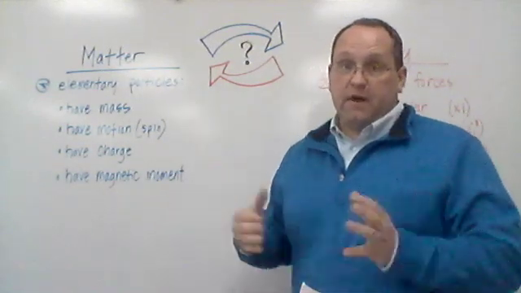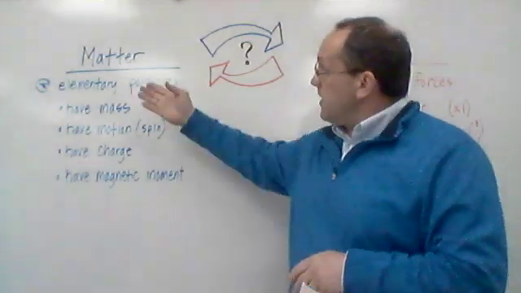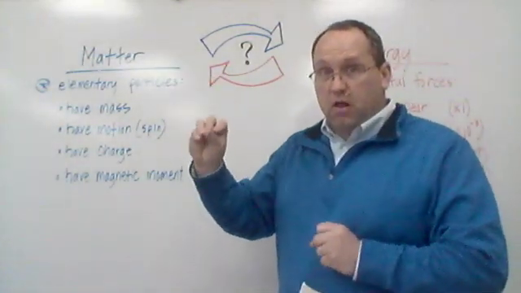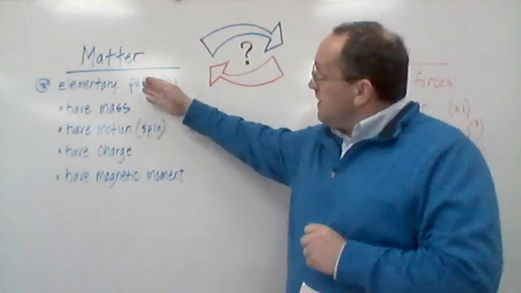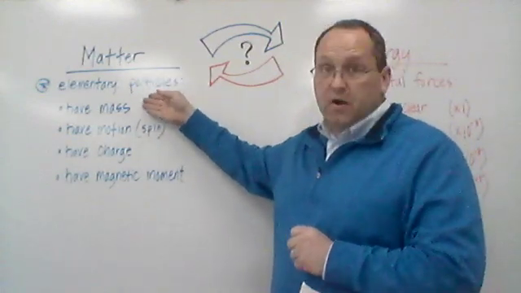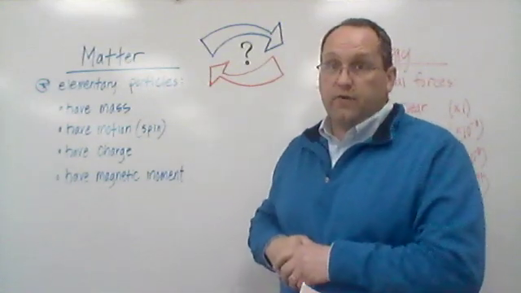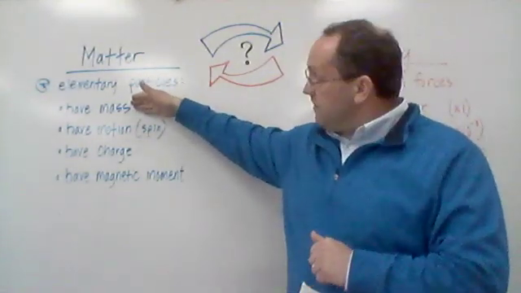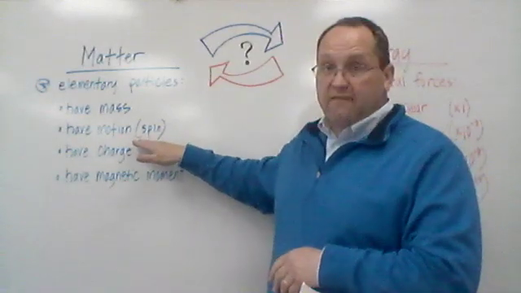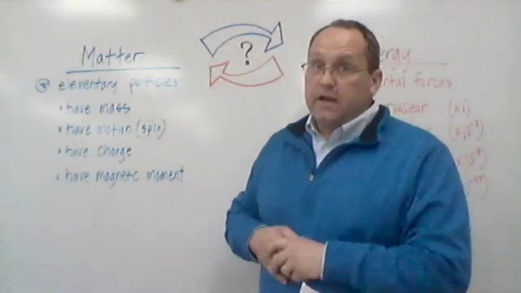Now we often think of matter as just having mass, but down at the smallest level, the elementary particles that matter is made of have these four characteristics, and mass is only one of them. They have motion, so they already have energy associated with them.